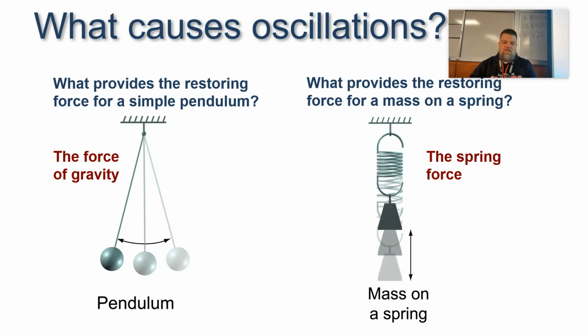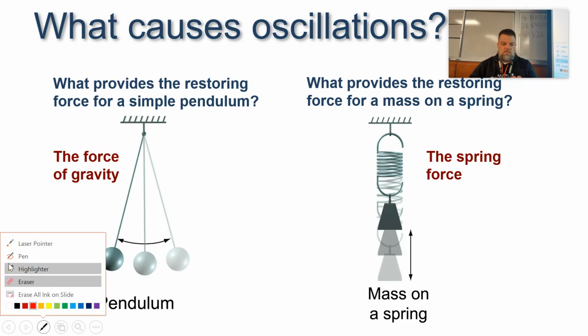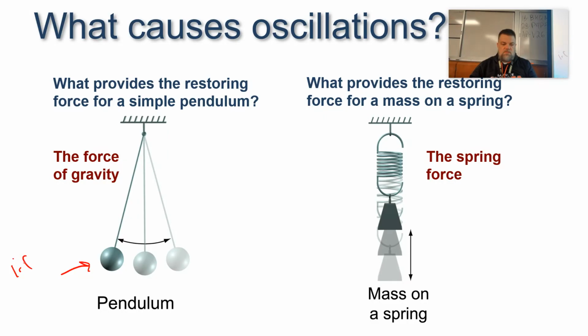Gravity. So think of it like this. I add work to the system because I lift the ball. So that puts work into the system, and that makes it have potential energy.